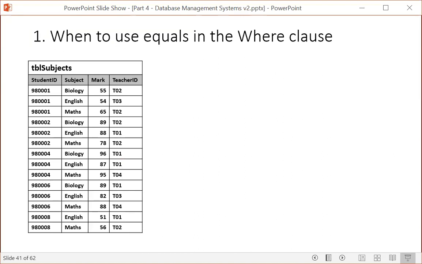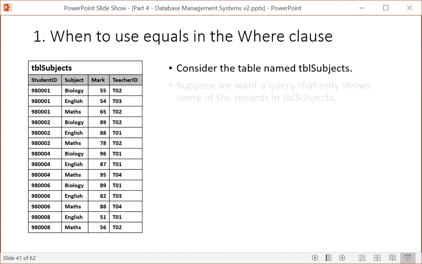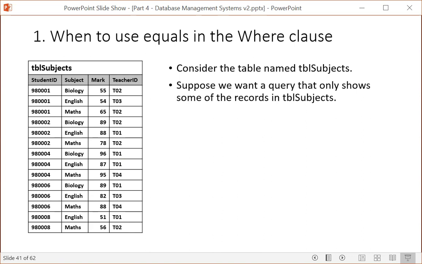Now, when to use equals in the where clause? Well, consider the table to the left named table subjects. Suppose we want a query that shows some of the records in table subjects. It only displays the records we want to see, not all of them.